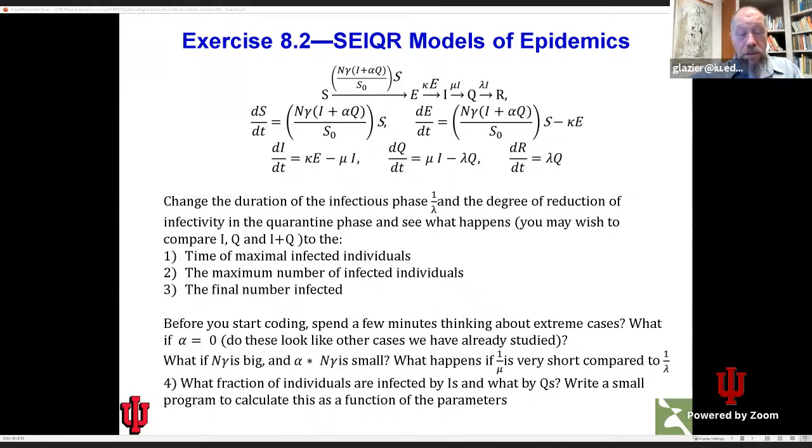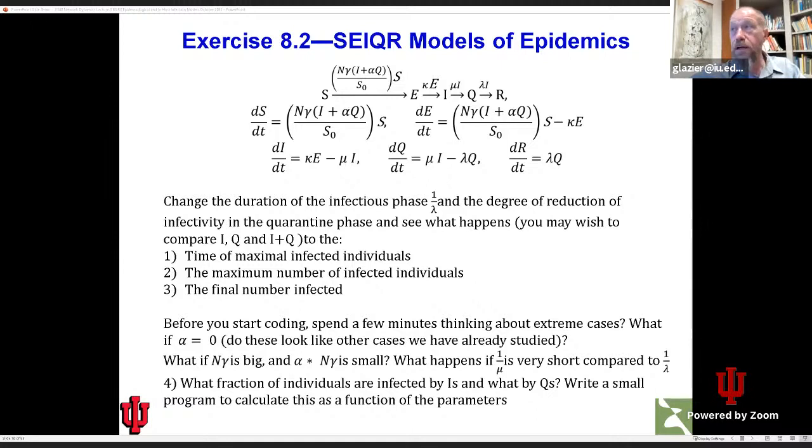If you take quarantined individuals and you lock them in a hotel and don't let them out of their rooms, then that quarantine is probably pretty effective, and alpha is going to be very small. The fraction of people you infect during that quarantine period would be very small, and so alpha might be a few percent.